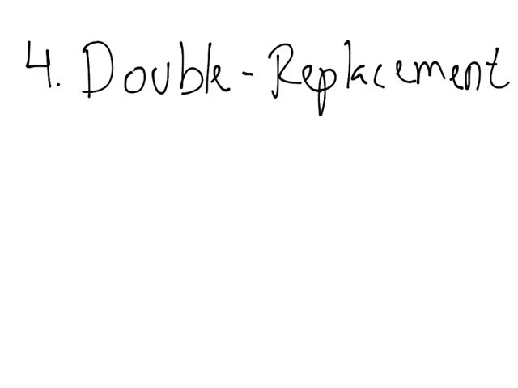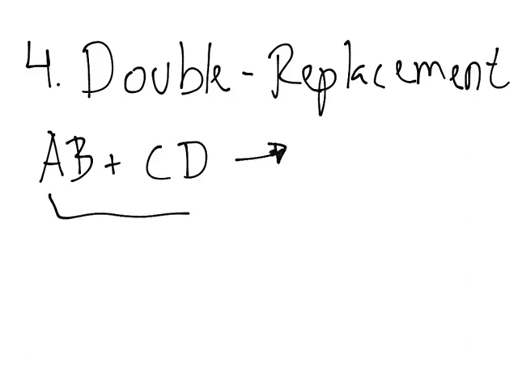So you will have something like this: A, B. Instead of one element and one compound, you have two compounds reacting. So the A goes with the D and the B goes with the C. So AD plus BC.